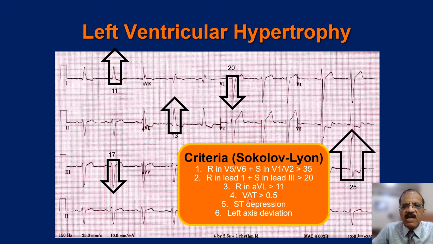Then if VAT is more than 0.05, what is VAT? VAT is short for ventricular activation time. Now, if you take a QRS complex, from the start of R wave till the peak of R wave, if you calculate the horizontal distance, if it is more than 0.04, normally VAT is 0.04, just one small square.